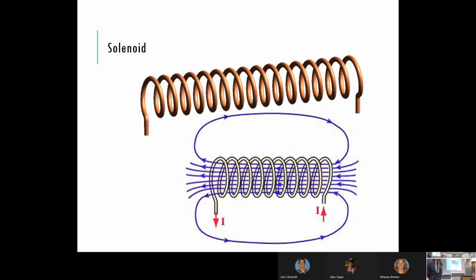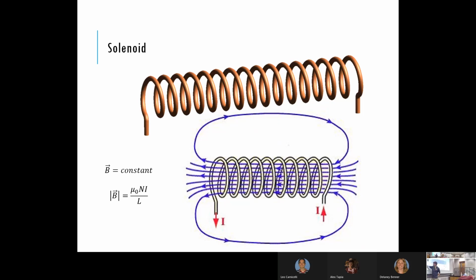So let me give you the equation for the field strength. There we go. If you want to know the strength of the field inside the solenoid, it is again a geometric quantity. Here, mu naught, as you know and love, capital N, the number of loops in the solenoid, and capital L, the length of the solenoid.